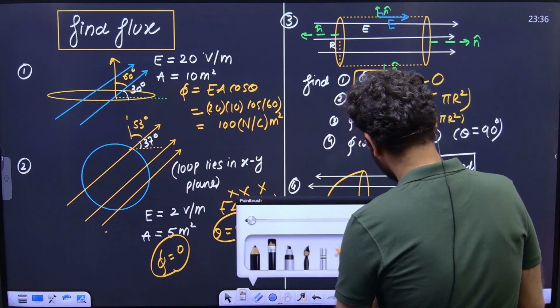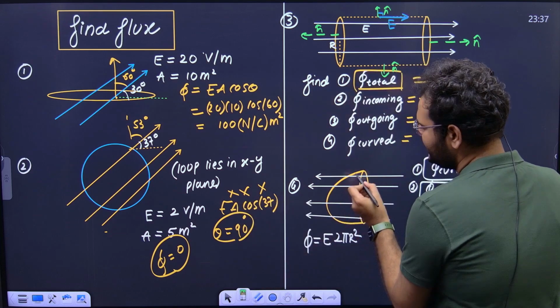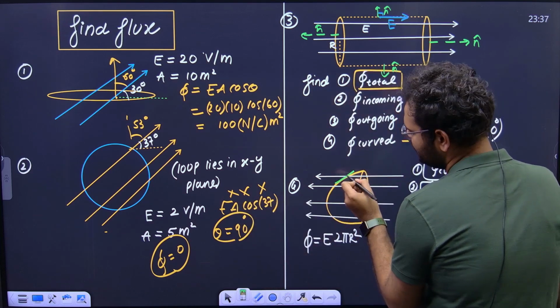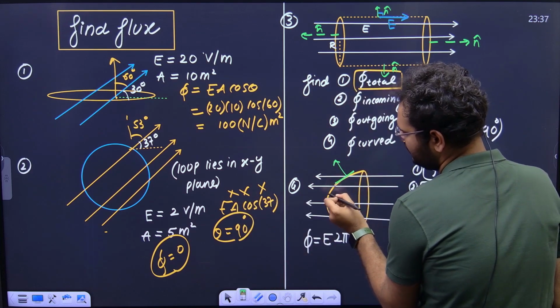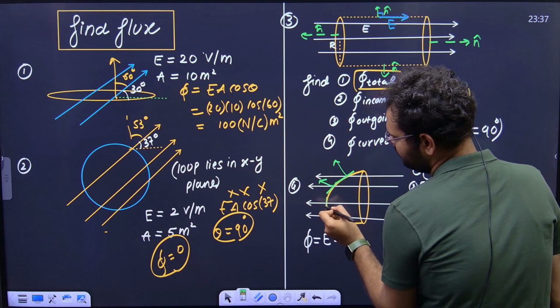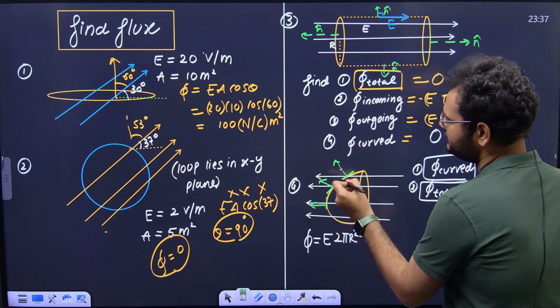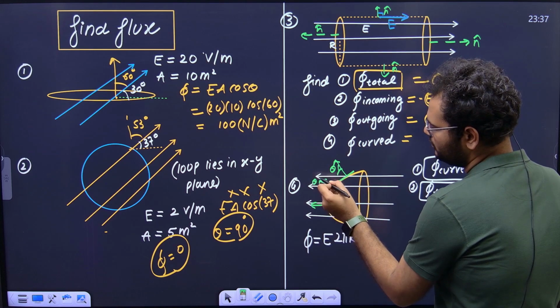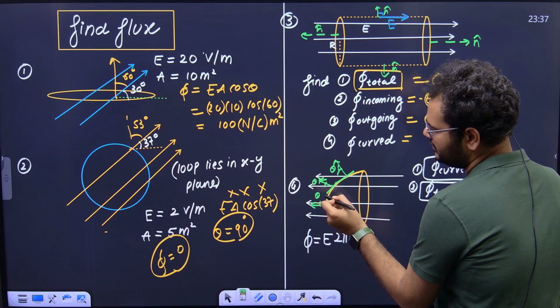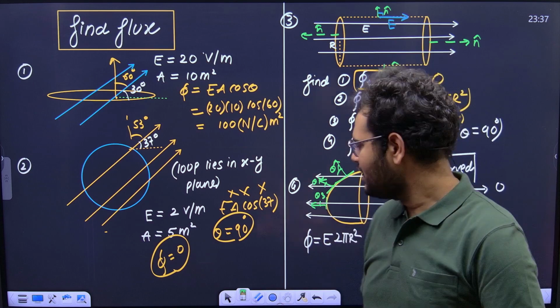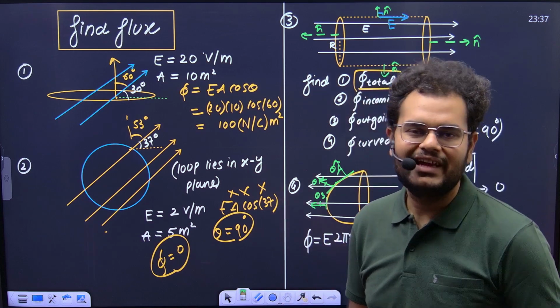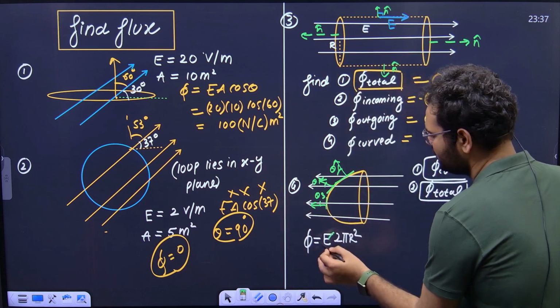Because you understand one thing, that angle is changing here. See sir, angle is not same. Can you see that? Everywhere my angle, let us say here it is θ1, here it is θ2, and here it is θ3. So angle is changing, so how can I write same angle for everything? I cannot write.